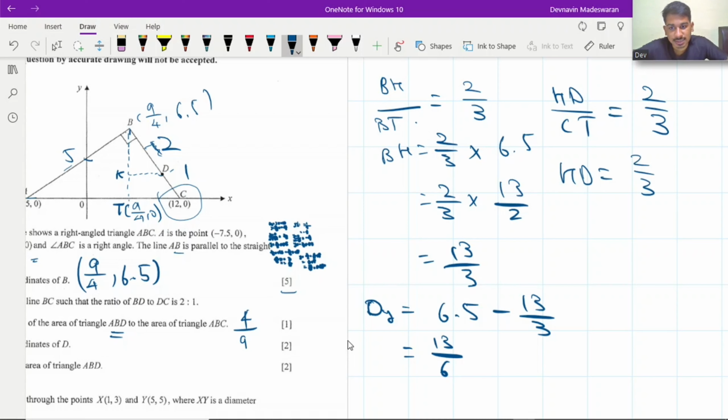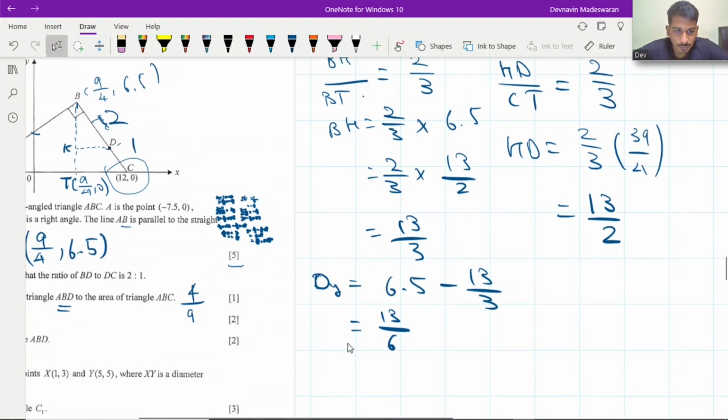What is CT? CT is just going to be 12 minus 9/4. 12 minus 9/4. It's going to be 39/4, which, times 2/3, is going to be 13 over 2. At least there's a lot of 13 over 2, so that's pretty good.